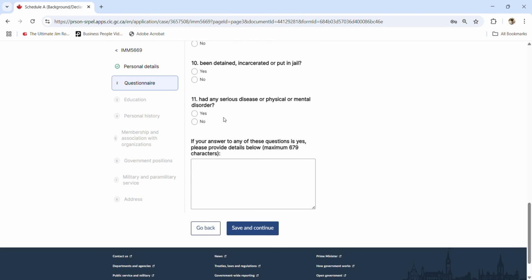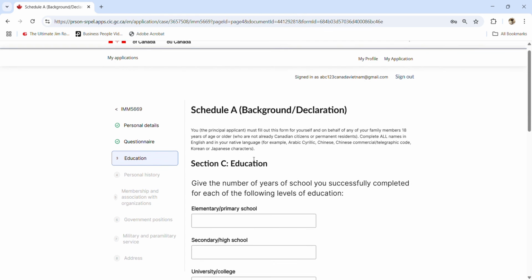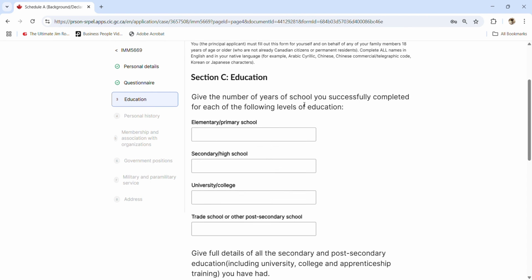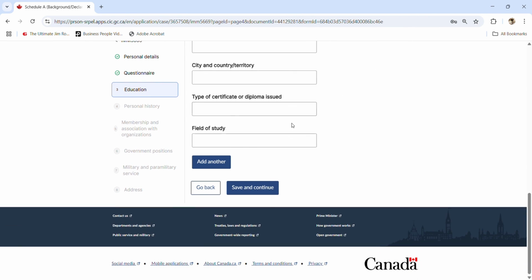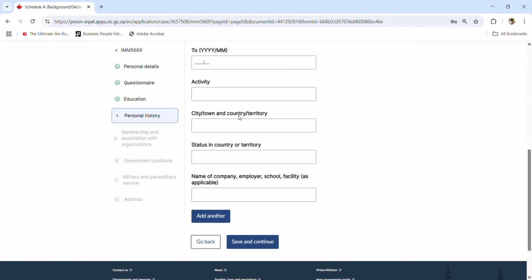Answer them yes or no, and if you have anything to explain, put it in here, then save and continue. In the education section, you do the same: give the number of years of school that you completed for each of the following levels of education, and then save and continue. Regarding personal history, you put all the information for Laura Smith in here, and then save and continue.